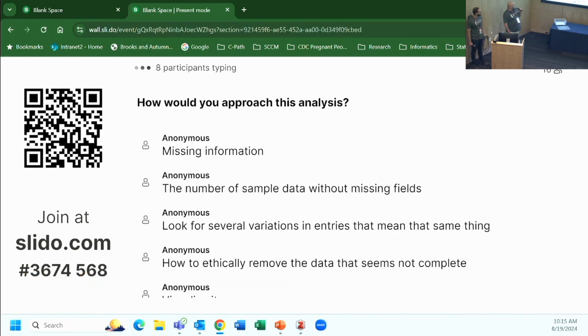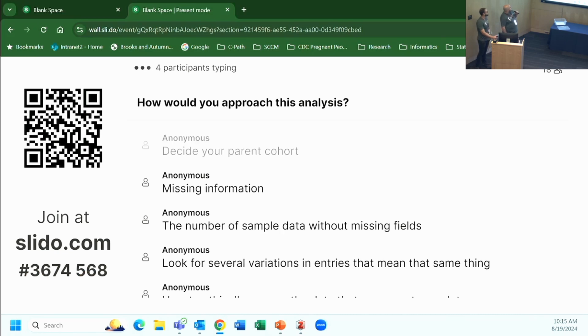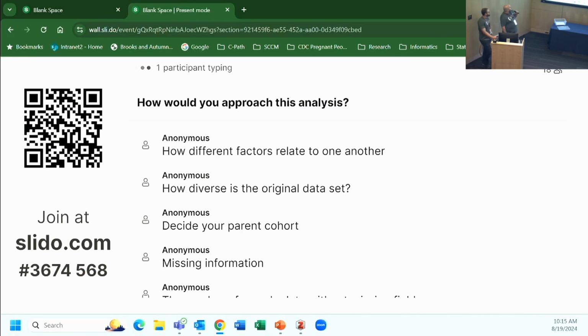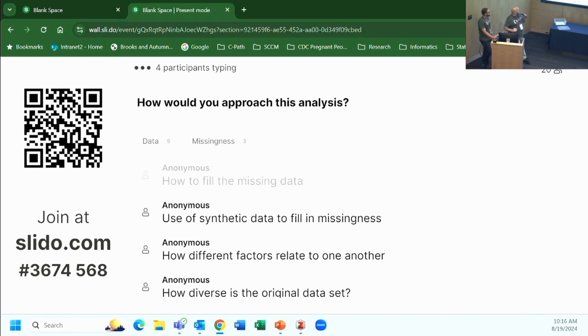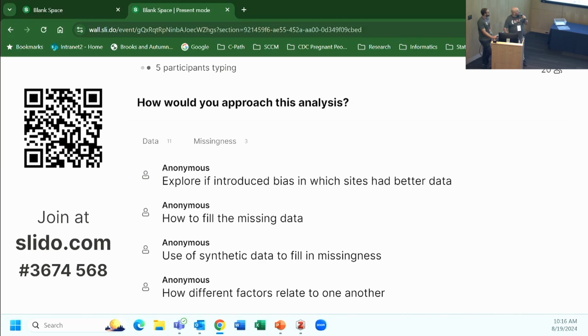How to ethically remove the data that seems not complete. I like that answer. Decide your parent cohort. Use of synthetic data to fill in the missingness. Oh, that's a whole fun conversation.